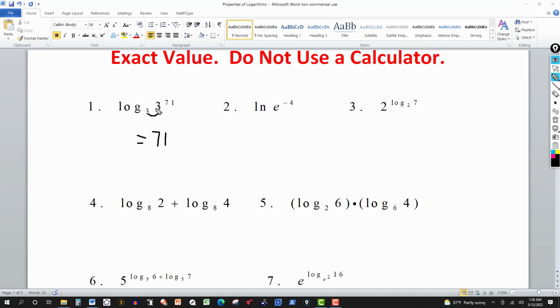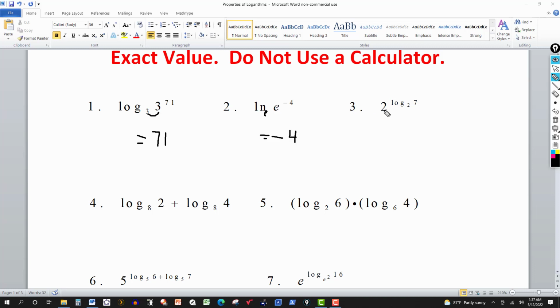This base and this base are the same, the answer is whatever the exponent is. Now for the second one, it's ln. That means base e. It's not written, but this is e here. So e and e, the answer is whatever the exponent is, negative 4.